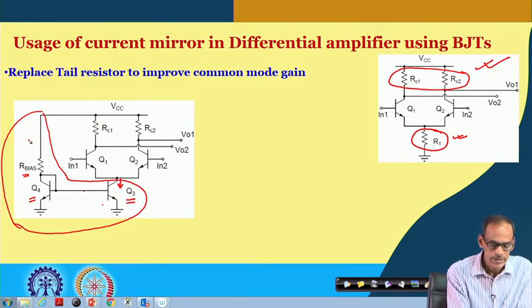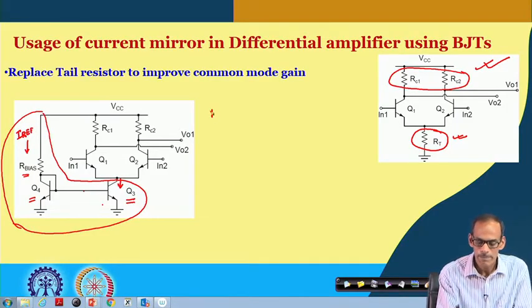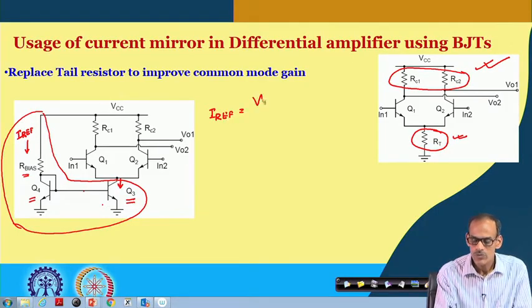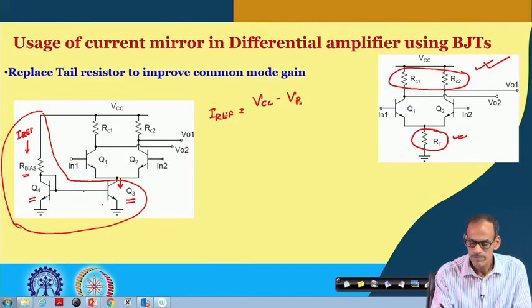Now, in this case, the reference current I reference is coming from VCC. So, I reference equals VCC minus VBE on of transistor 4 divided by R bias.